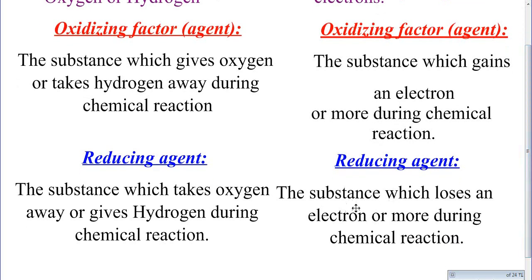A reducing agent is a substance which loses one electron or more during a chemical reaction. The reducing agent represents sodium in the previous reaction. Why? Because sodium makes oxidation. Sodium loses one electron during the chemical reaction. So sodium makes oxidation, so it acts as the reducing agent.